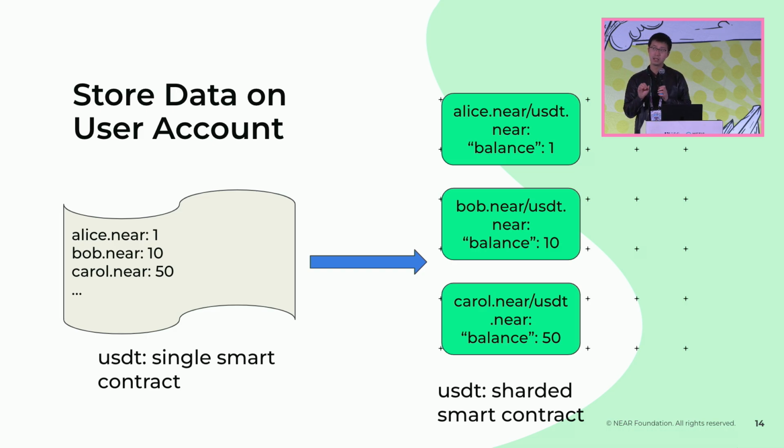So, for example, on Alice.near, there is this namespace, Alice.near/USDT.near, and inside that namespace storage, it has a key, say balance, and it actually stores the balance under the key. And same for Bob and Carol. And as you can see, we essentially changed the storage paradigm from having everything stored on the contract account to now having everything stored on the user account.